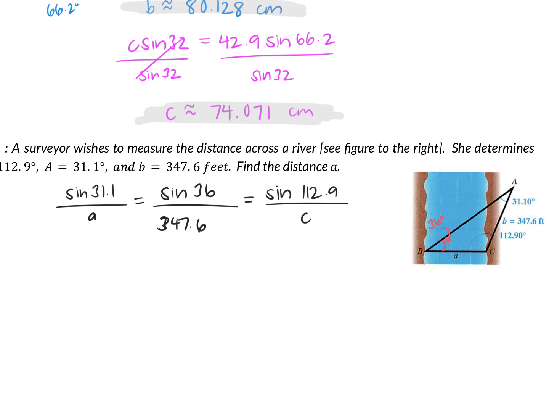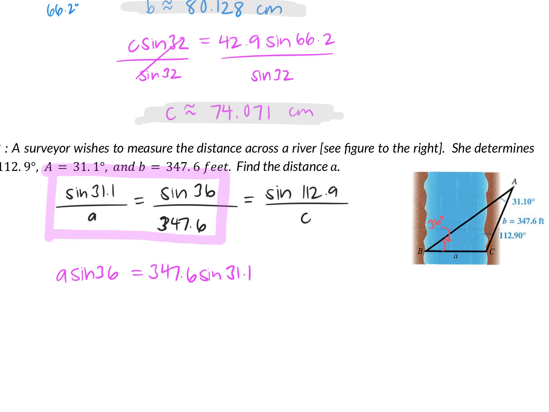The first two, right? So if I set these first two fractions equal to each other, we can cross multiply and solve for A. So this becomes A sine of 36 is equal to 347.6 times sine of 31.1. Make sure when you're multiplying on your calculator that you type the 347.6 before your sine value.